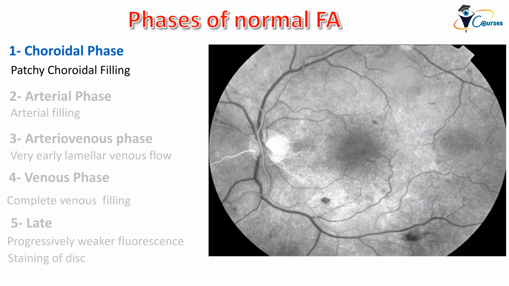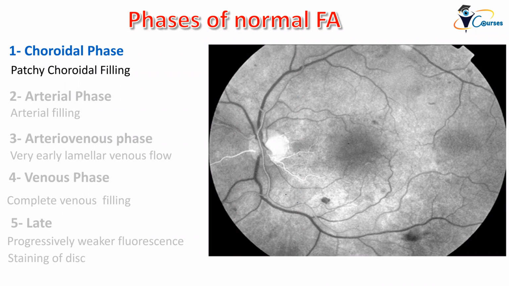This is called the transit time, the arm to retina time. It is the time the fluorescein takes to reach the eye from the injection in the arm, until it reaches the choroidal circulation. This should be around 9 to 10 seconds.